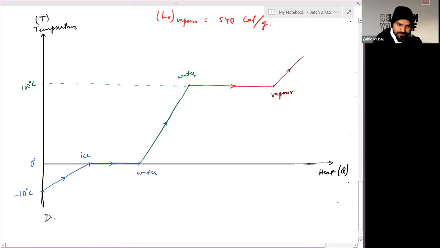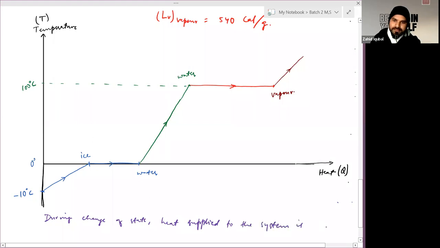So you'll say during change of state, heat supplied to the system is utilized in breaking of bond.